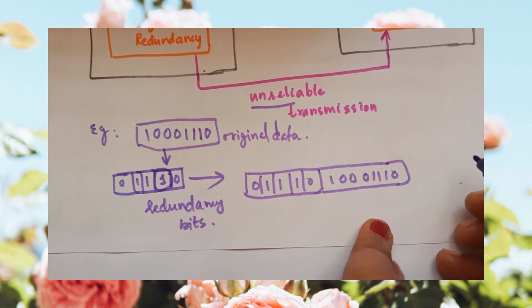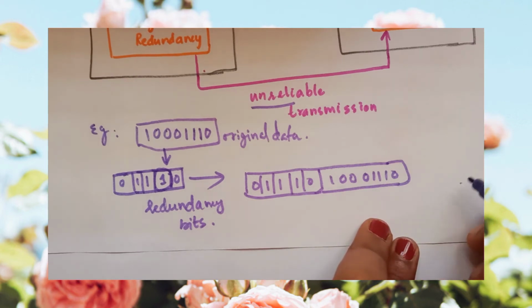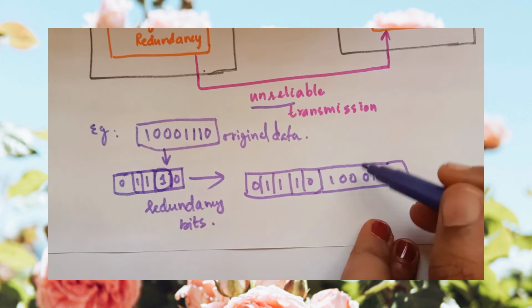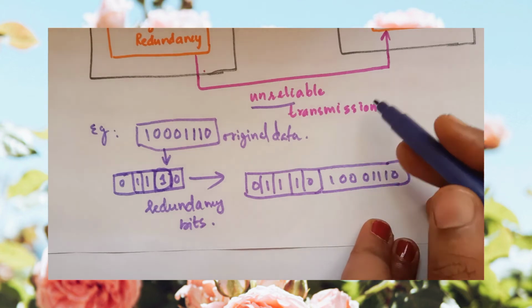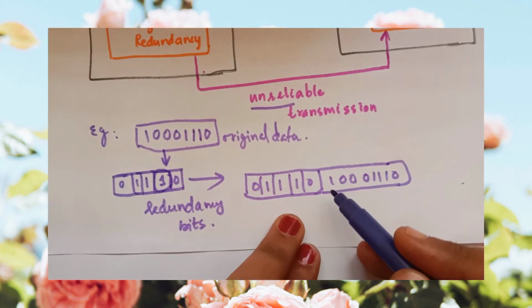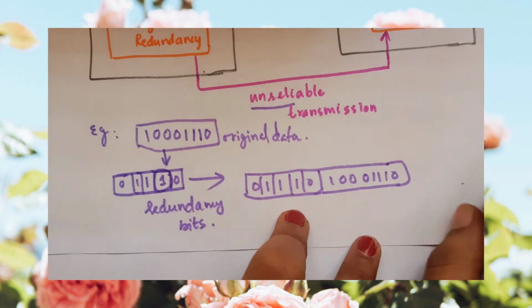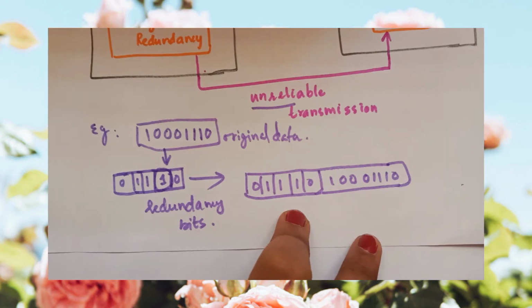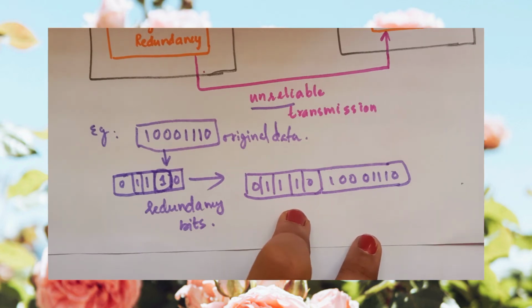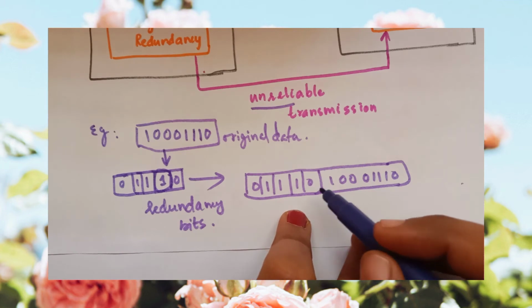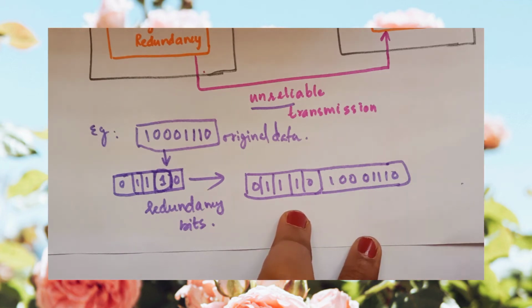Then on the receiver side, the receiver checks these messages together. He checks the redundancy bit part using some checkers. These checkers are also algorithms, where the redundancy bits are already set. Using this algorithm, the receiver checks whether the redundancy bits are the same as the algorithm.